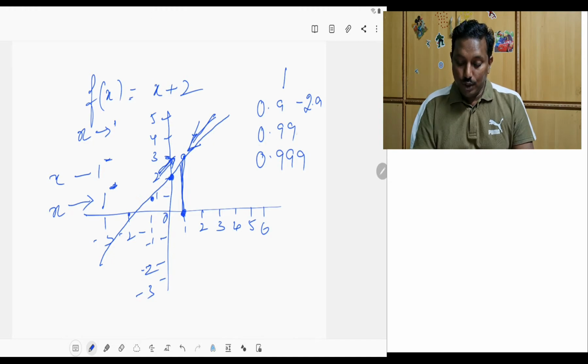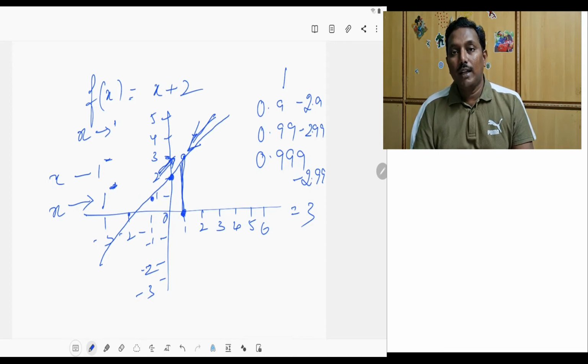For 0.99, the value of f of x would be 2.99. For 0.999, the value of f of x would be 2.999. So when we observe these values, it is slowly approaching 3. So that is the left hand sided limit of this function f of x.